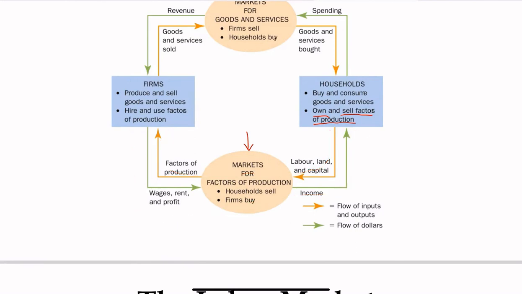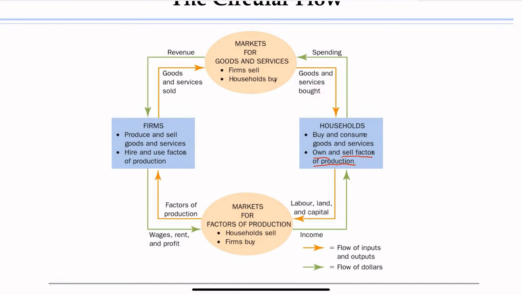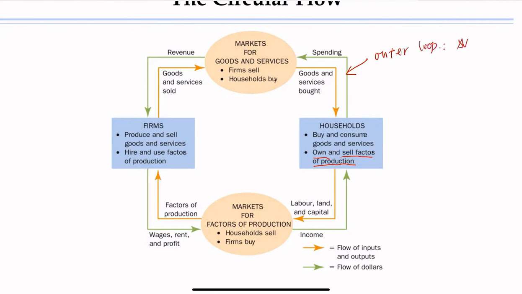So you can see that this is a pretty interesting chart. It basically shows how money flows in the market. The outer loop tells you how money moves or flows.